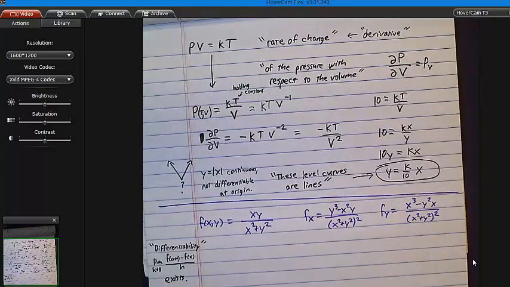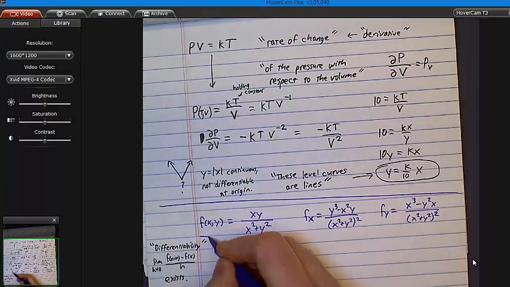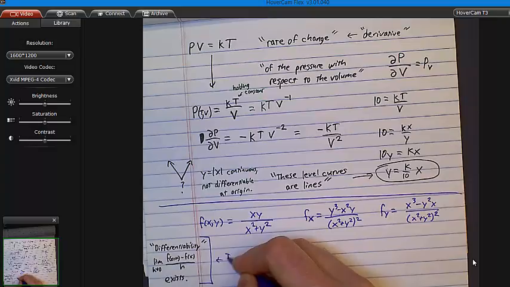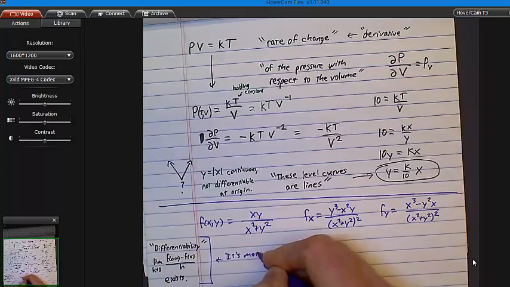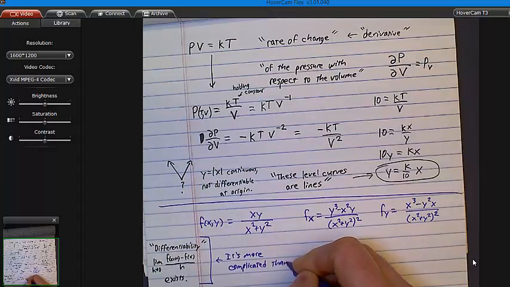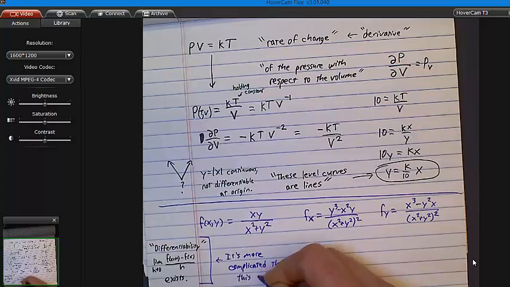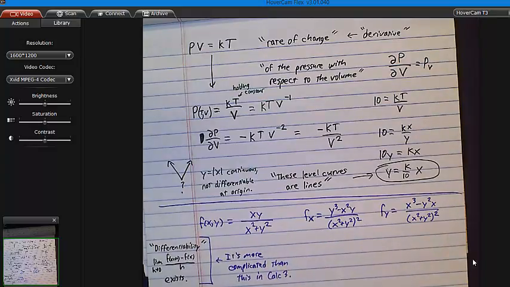So I guess what I'm going to say is it's more complicated than this in Calc 3. I'll say a little bit about it shortly.